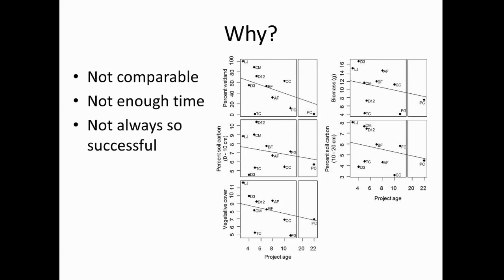And then the last is potentially it's not always so successful. If you see that range, it at least doubles from the projects that scored the lowest to the projects that scored the highest. We see some projects that do look like they're doing really well and some that aren't.